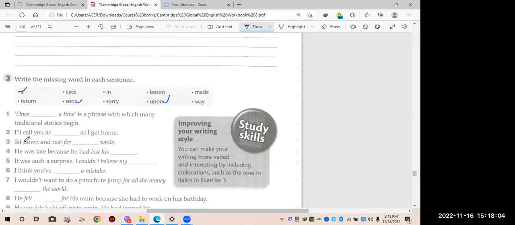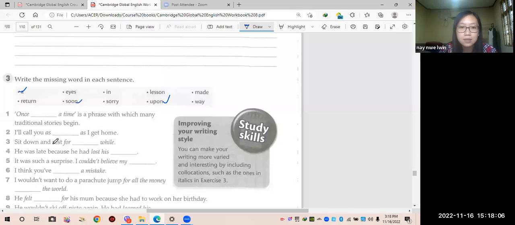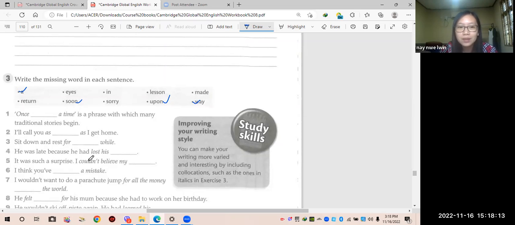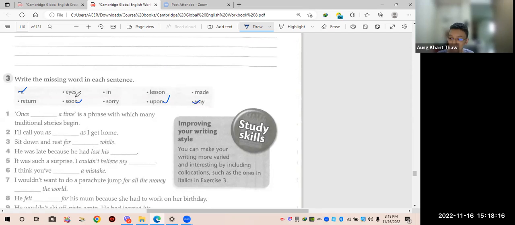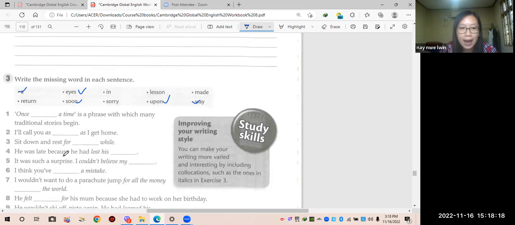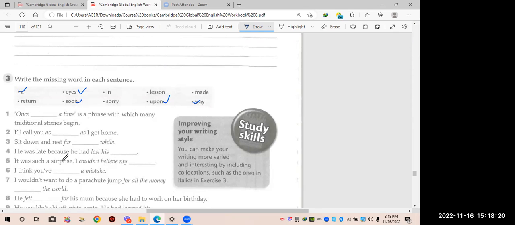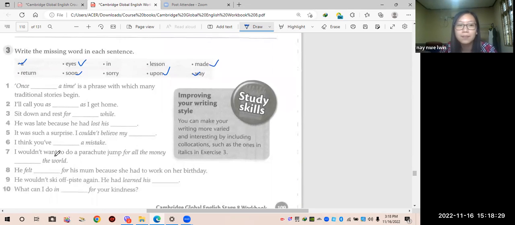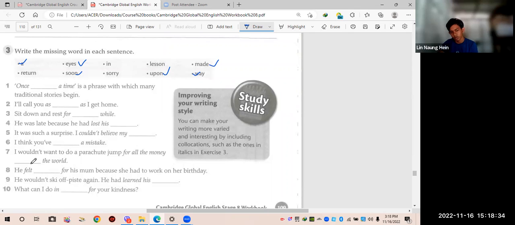Rest for a while. He was late because he had lost his way. Way. Okay. And it was such a surprise. I couldn't believe my eyes. Eyes. I think you have made a mistake. Make a mistake. Yeah. And I really want to do a parachute jump for all the money in the world. Yes, all the money in the world.